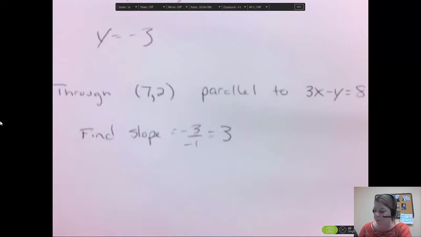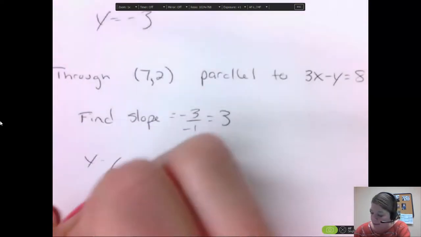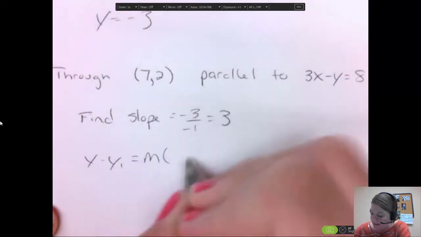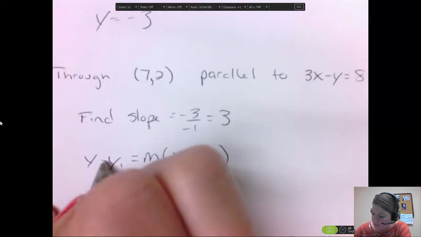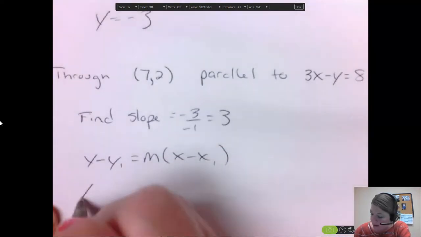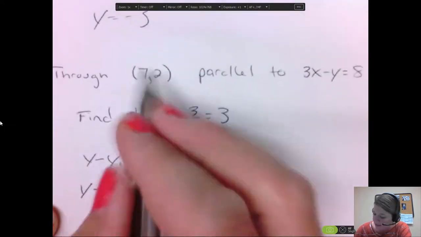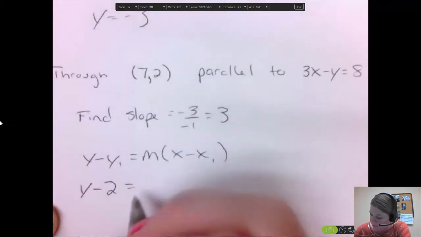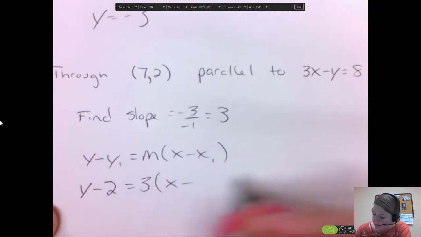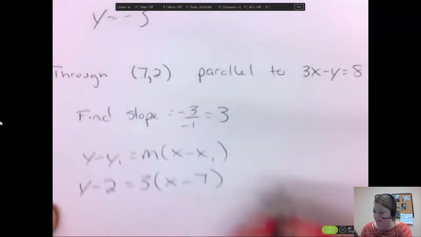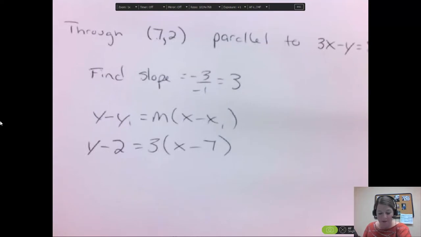So my slope was 3, and I know it goes through this point here. So then I can use point-slope, so y minus y1 equals m times x minus x1. Again, it's like a formula. So I'd go y minus y1 is 2, equals m of 3, x minus x1 is 7, and then I could be done, but what if it asks for it in slope-intercept form or standard form?